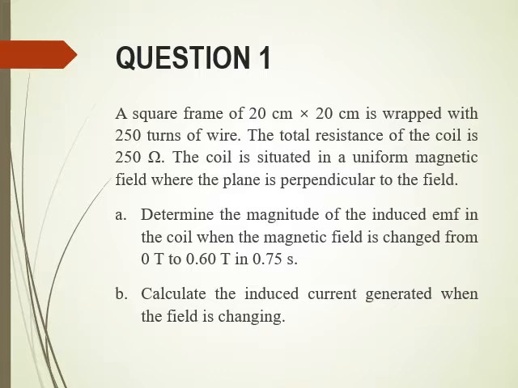A. Determine the magnitude of the induced EMF in the coil when the magnetic field is changed from 0 Tesla to 0.6 Tesla in 0.75 seconds. B. Calculate the induced current generated when the field is changing.